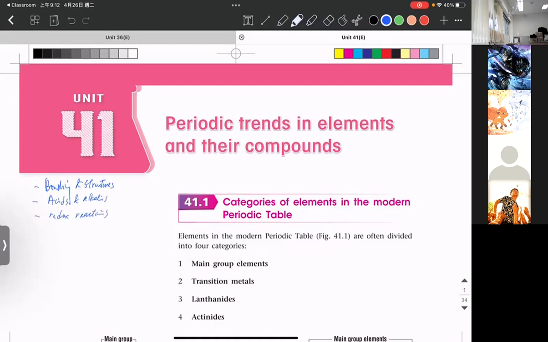And you may also have heard of something like rates of reactions. So mainly these four topics give you a very good foundation of these topics.